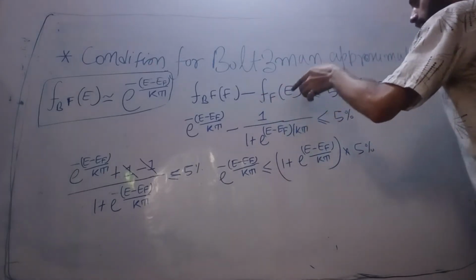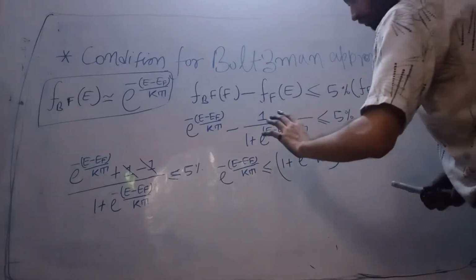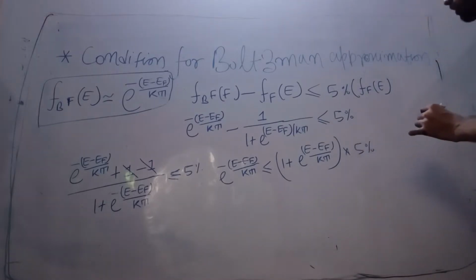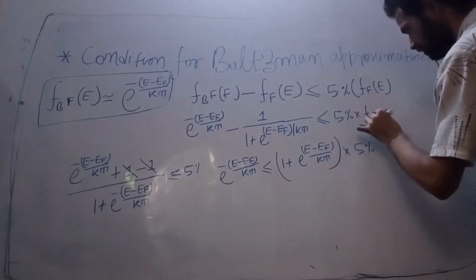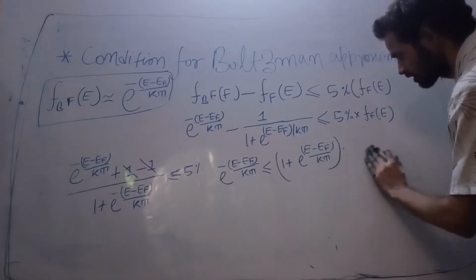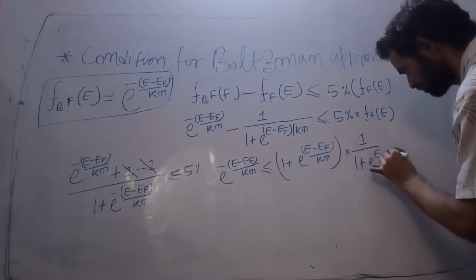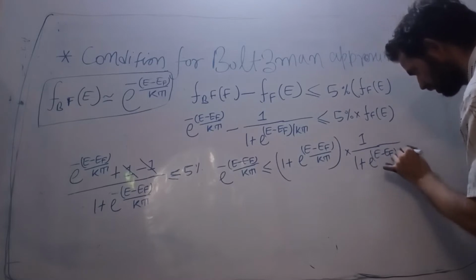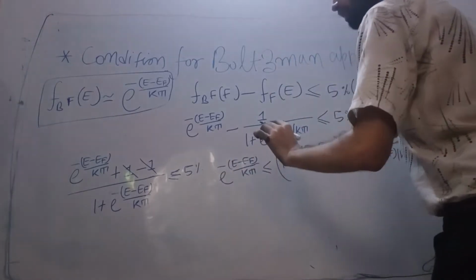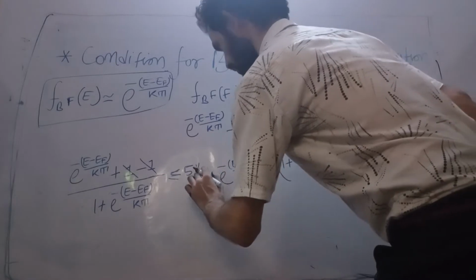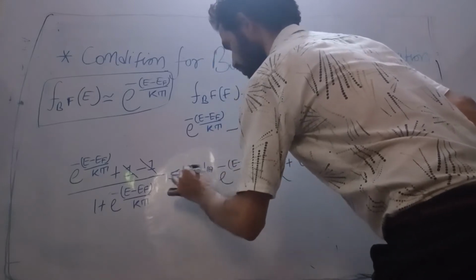This difference is less than or equal to 5% of this Fermi-Dirac distribution function, which we write as f of E. Now just write this value: 1 by 1 plus e to the power (E minus EF) by kT, into 5%. Remember, this is 5% of f of E.